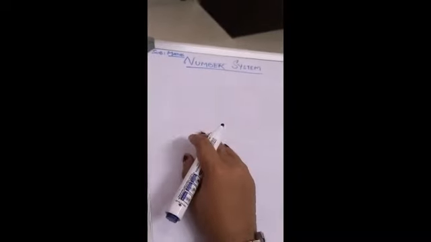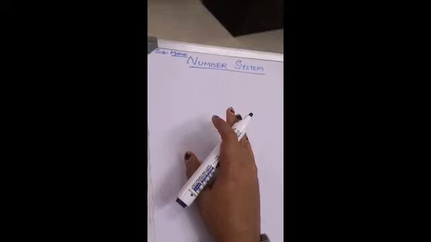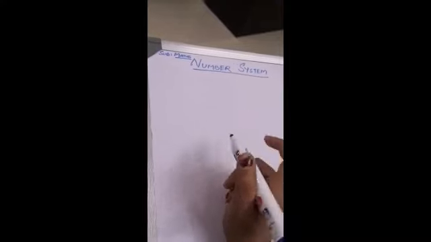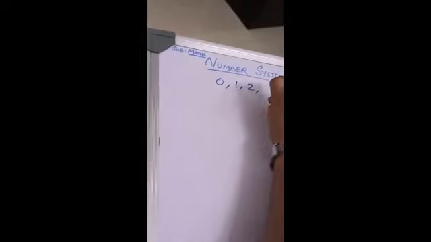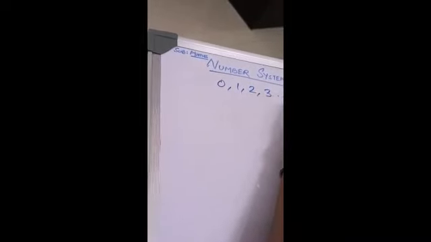Okay, so let's begin. Today we will be starting with the first chapter, that is number system, right? Now, when you were a kid, when we used to ask what are numbers, what comes to your mind first? 0, 1, 2, 3 and so on, right?